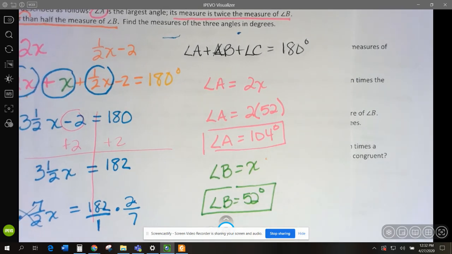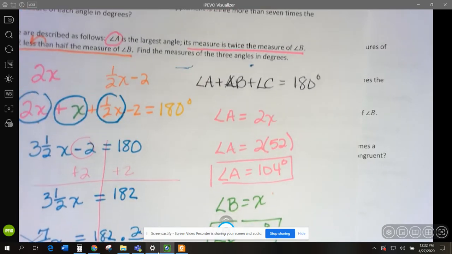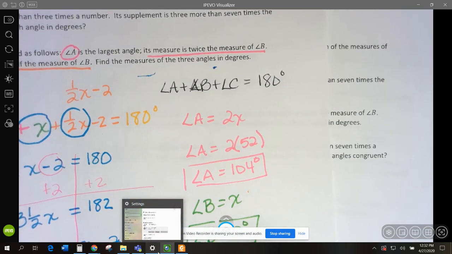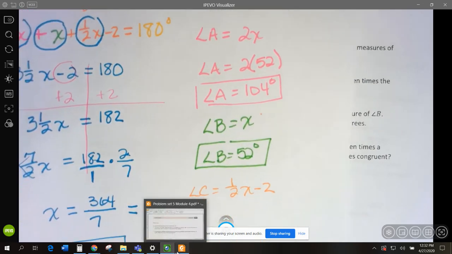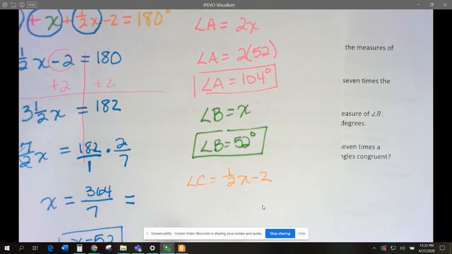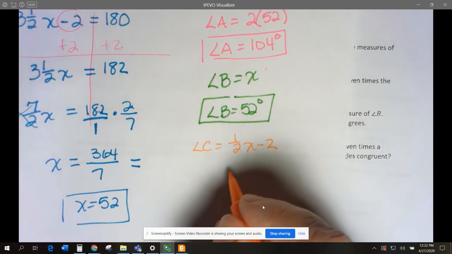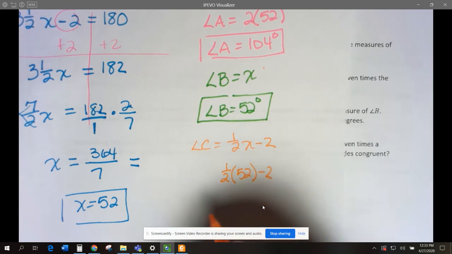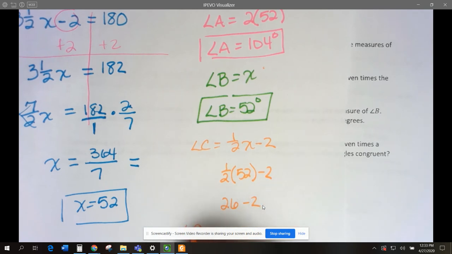And angle C is 1/2 x minus 2. Remember, x is 52, right? So we have 1/2 times 52 minus 2. Half of 52 is 26 minus 2, so angle C is going to be 24 degrees.